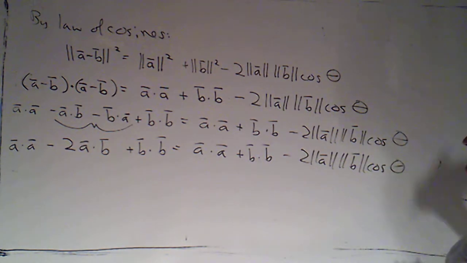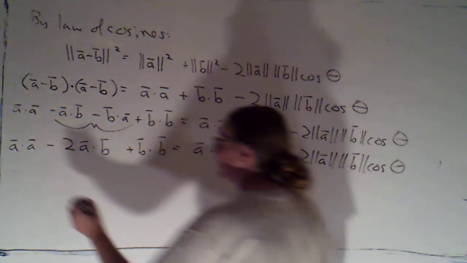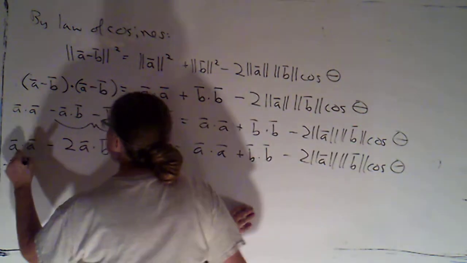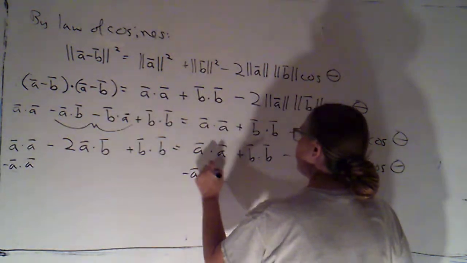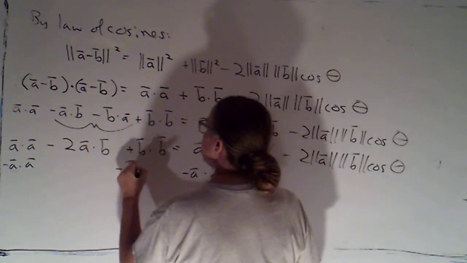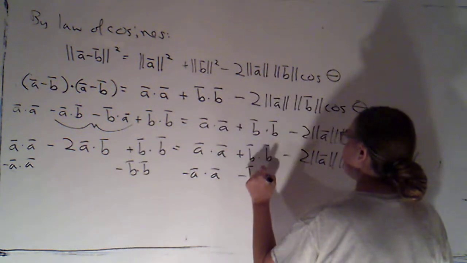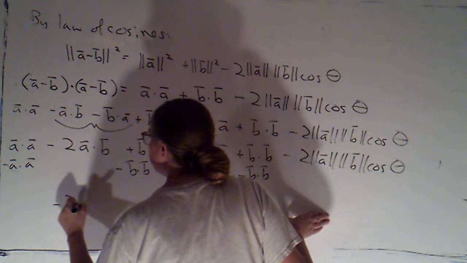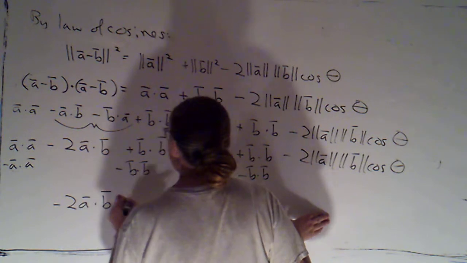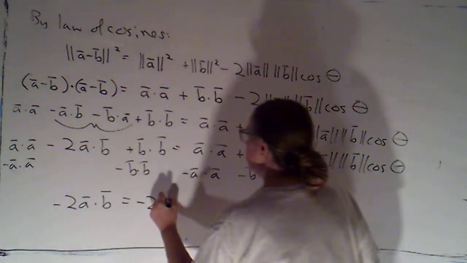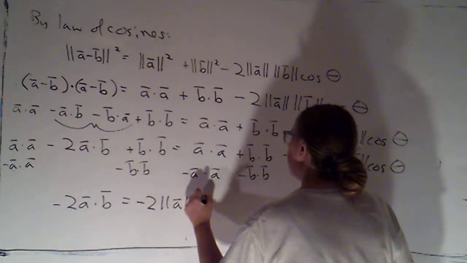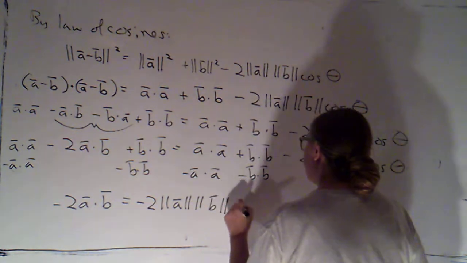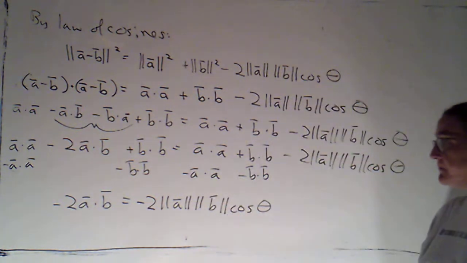Excellent. Now once again, I know this equation is true, so I'm allowed to do the same thing to both sides. So I'm going to subtract A dotted with A from both sides, and I'm going to subtract B dotted with B from both sides. And what I'm going to be left with then is negative 2 times A dotted with B is equal to negative 2 times the magnitude of A times the magnitude of B times cosine of theta.